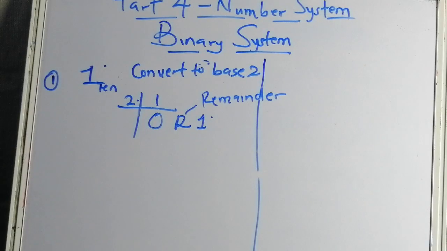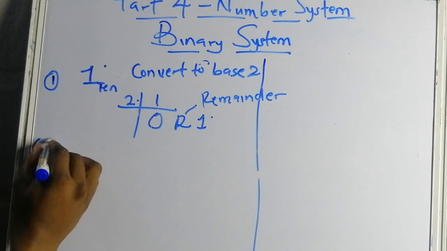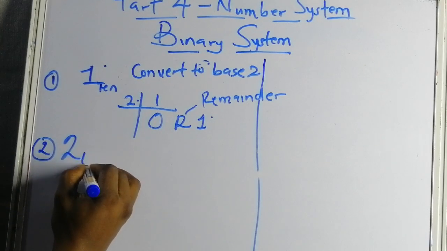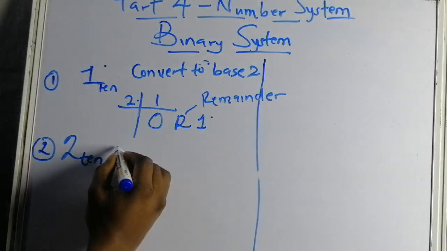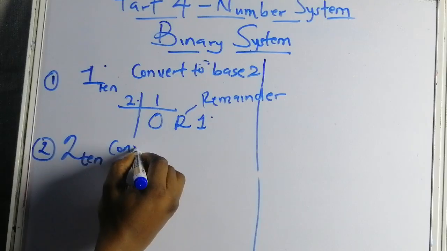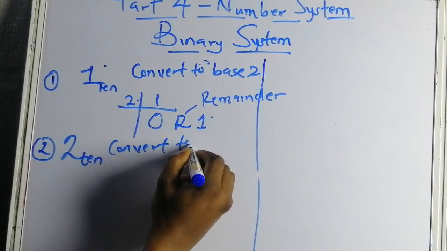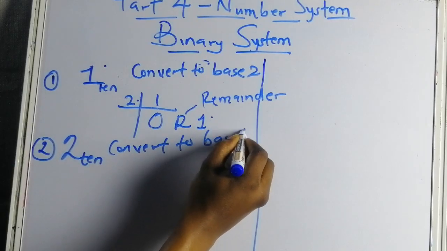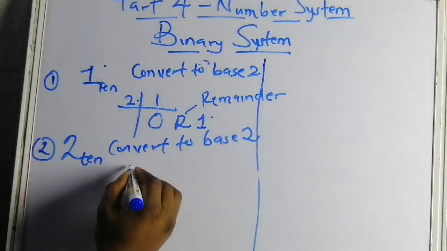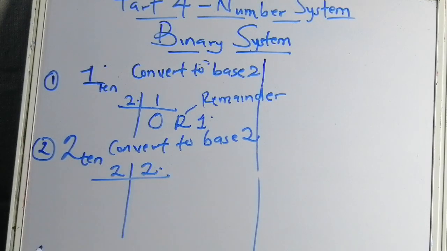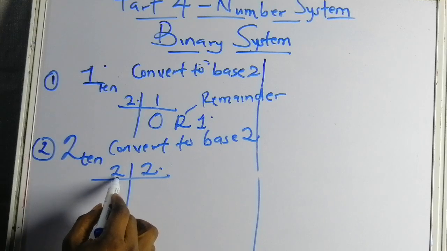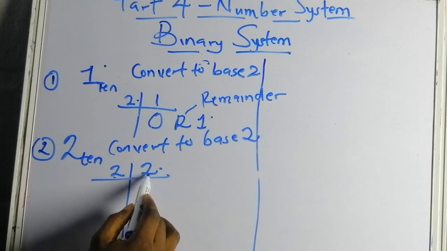Let's say example 2: 2 in base 10, and we want to convert to base 2. You have your table, you have your 2, you have your 2. This 2 is the base we are converting to, and this is the value.